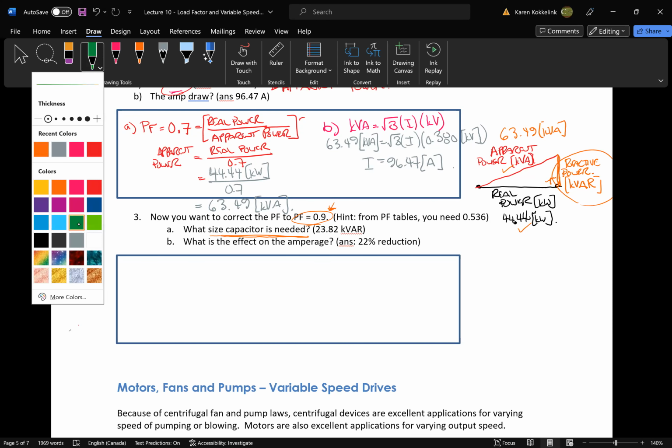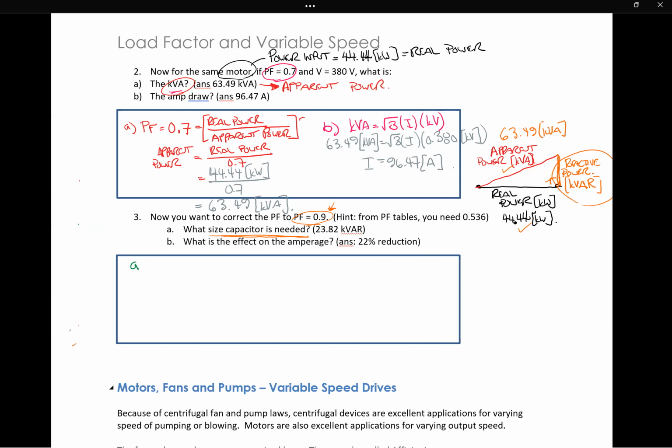Again, we would just use trigonometry, and we would say that that reactive power is going to be equal to the trigonometric relationship of this side.